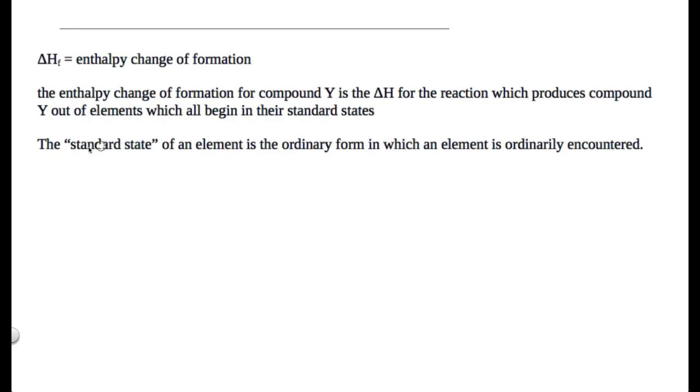What's a standard state? The standard state of an element is the ordinary form in which the element is ordinarily encountered. I'm not going to go into too much detail about this definition because I don't think you need to understand it in too much detail for the test. For the test, I think you mainly just need to focus on the formula for delta HF.